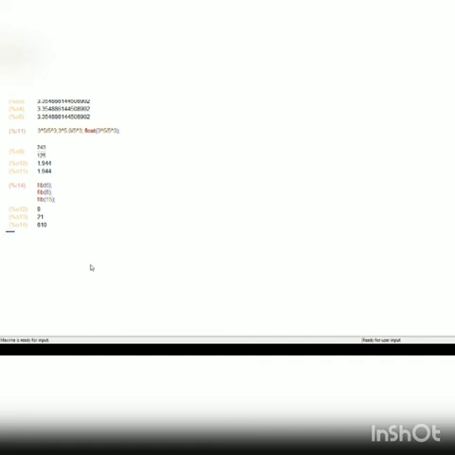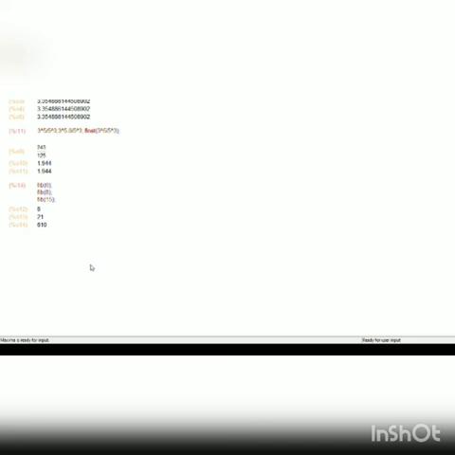Next, I want to express 0.0001 and 3581 in powers of 10. So how are you going to express them in powers of 10?